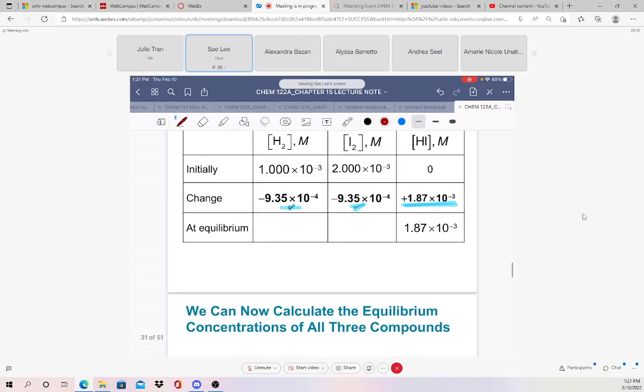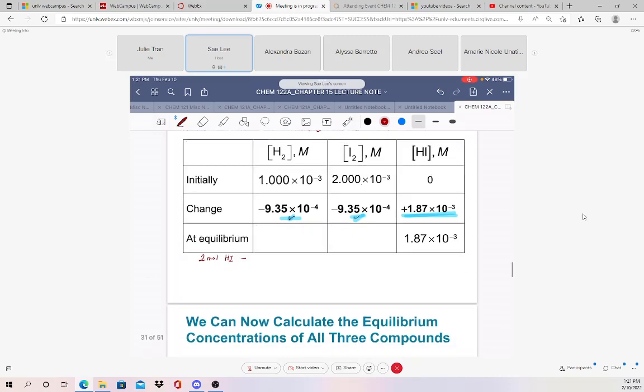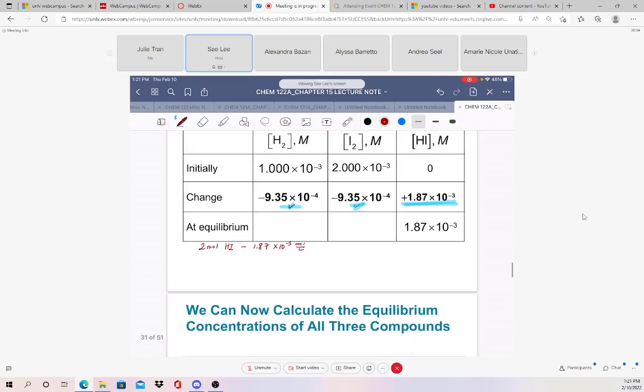So it's basically 2 moles of product experiencing a change of 1.87 times 10 to the negative 3 mole per liter, concentration.